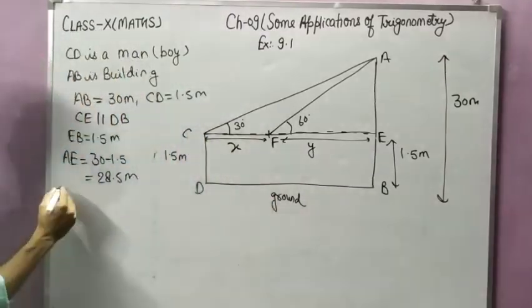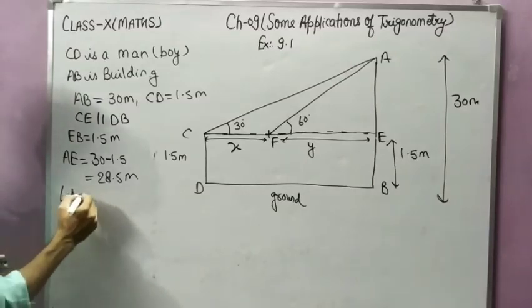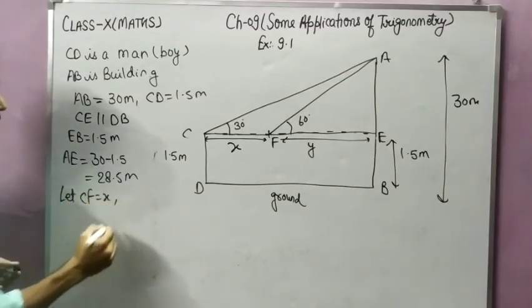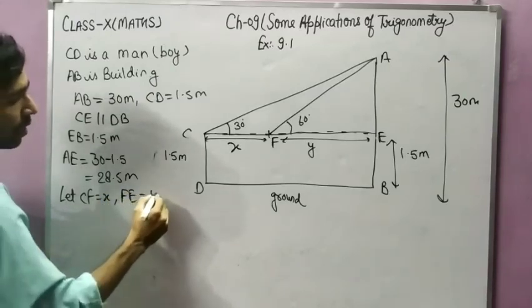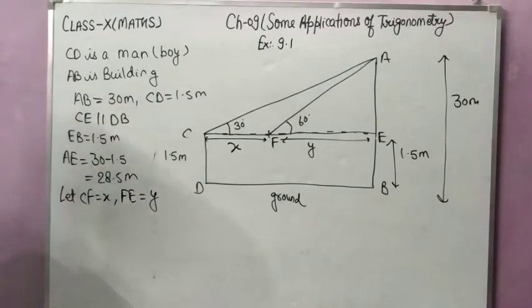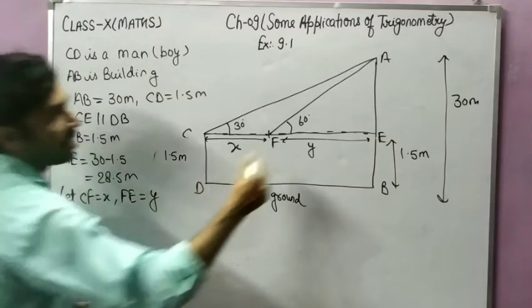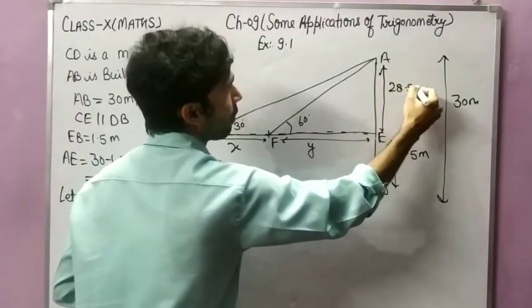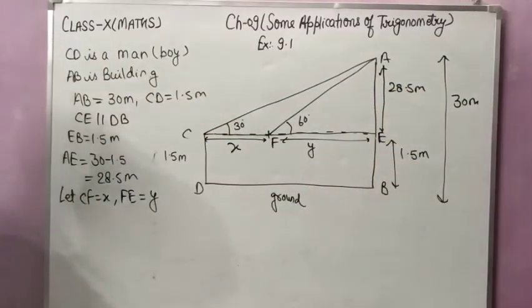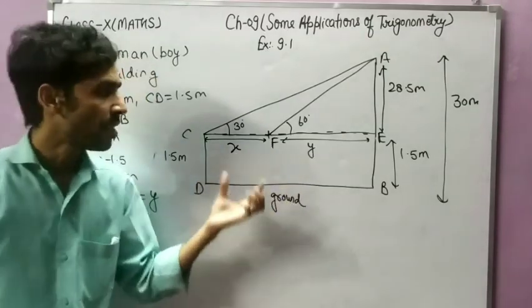So let CF equal to X and FE equal to Y. Okay, so that much thing we have noted down, student. And this distance is 28.5 meter. So now all type of information we have noted down. Now we have to find the distance CF.